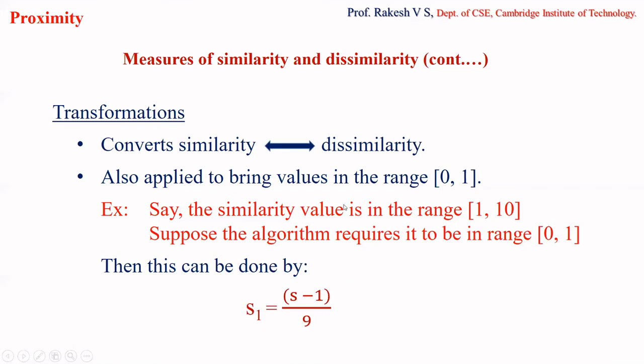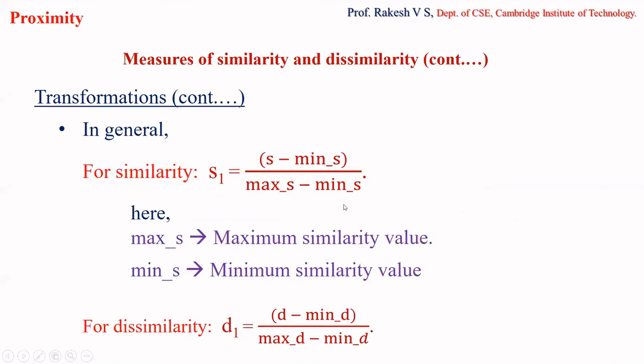In general, if you want to apply the transformation to find similarity and dissimilarity, this is how you can do it. Similarity equals S minus min of S, divided by max of S minus min of S. Here, max of S is nothing but the maximum similarity value, and min of S is nothing but the minimum similarity value.